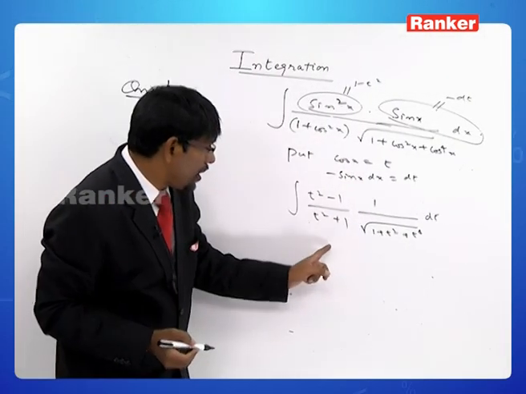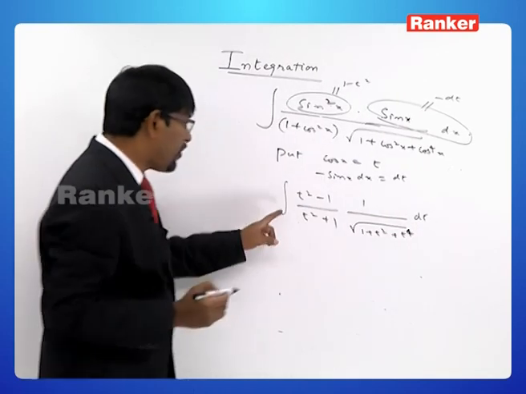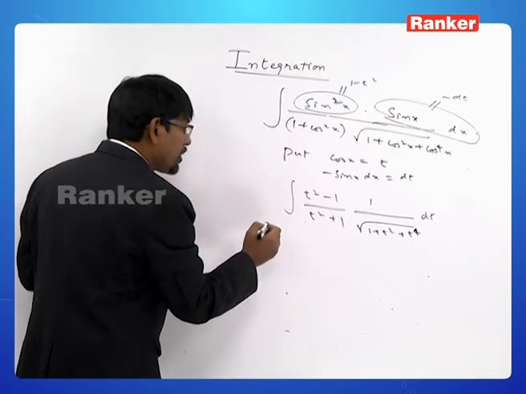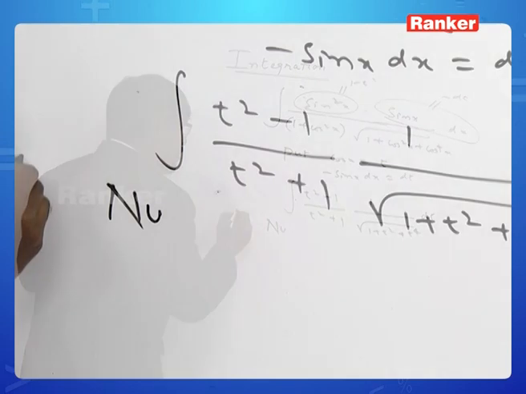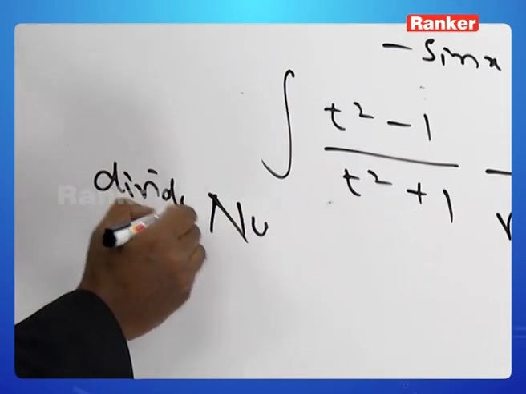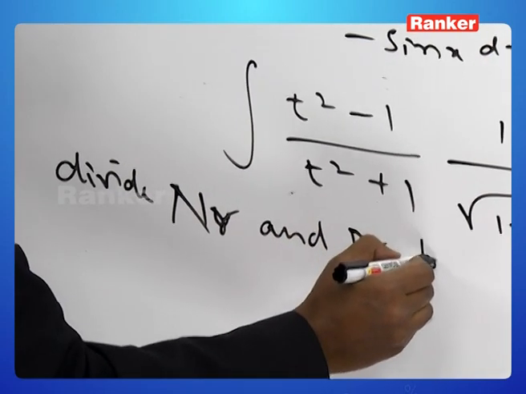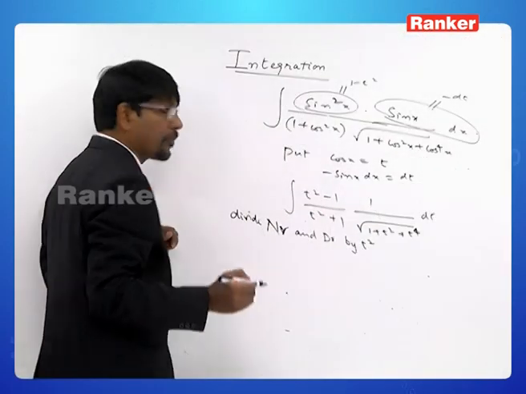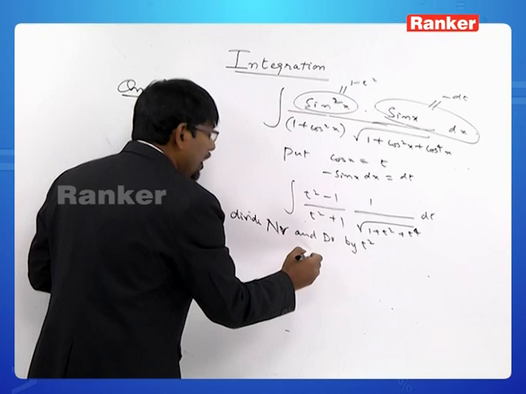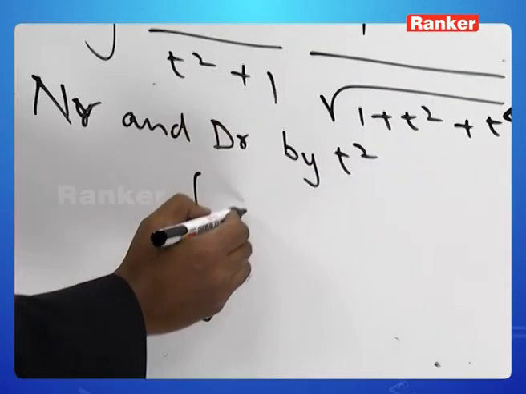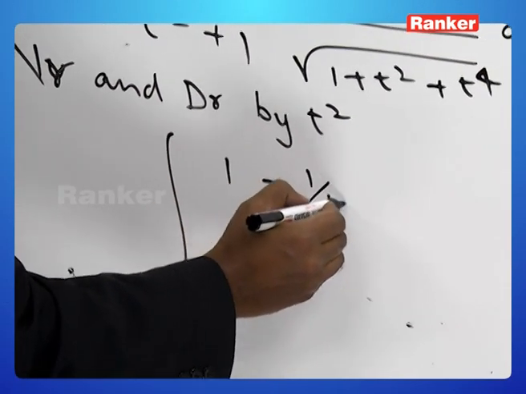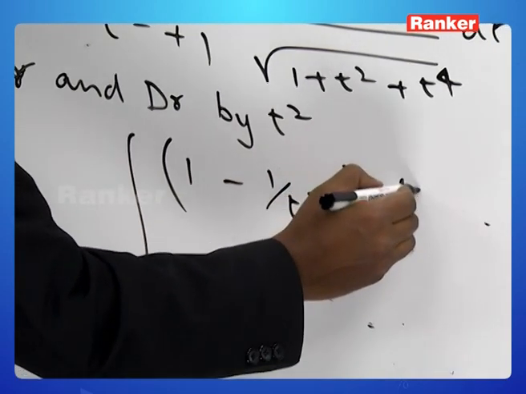Now, as you can see here, we will divide the numerator and denominator by t square. If you do that, what does it come out to be? The numerator will come out to be 1 minus 1 by t square dt.